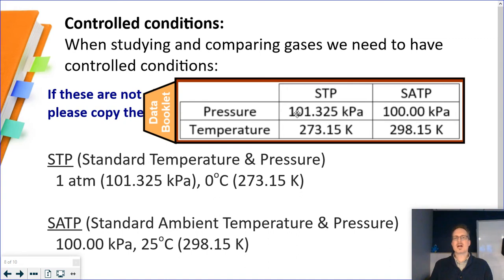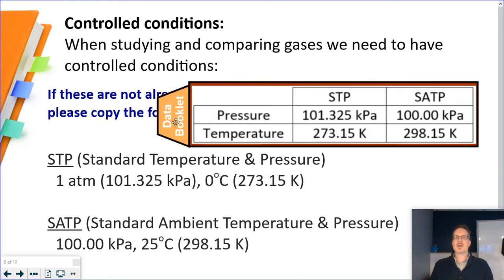Today, for Charles' law, you will need the temperature at STP, which is 0 degrees Celsius, or 273.15 kelvins, and the temperature at SATP, which is roughly room temperature, 25 degrees Celsius, or respectively 298.15 kelvins. Please make sure these are in your data booklet, ready to go.